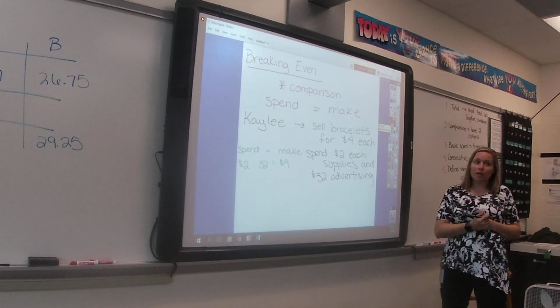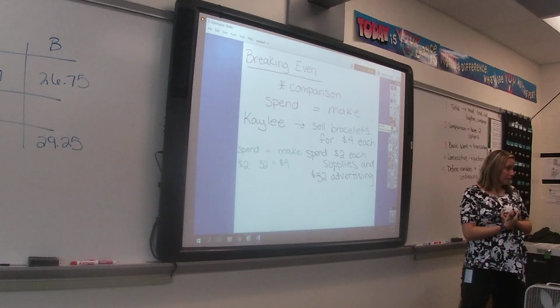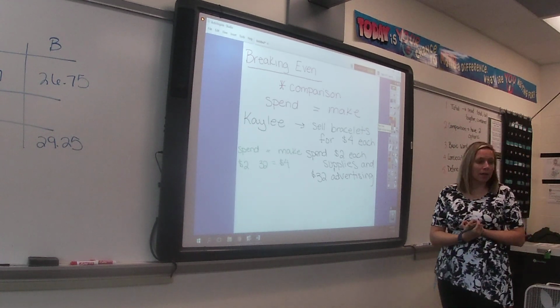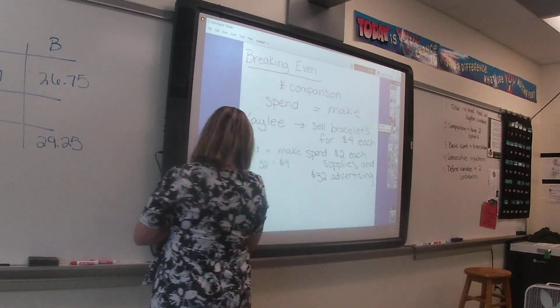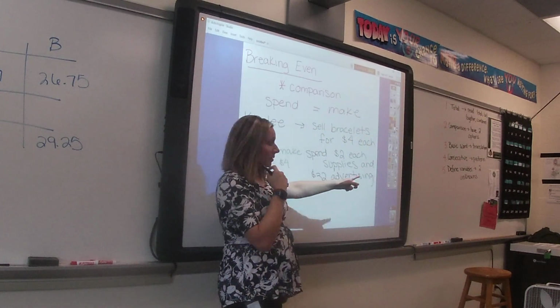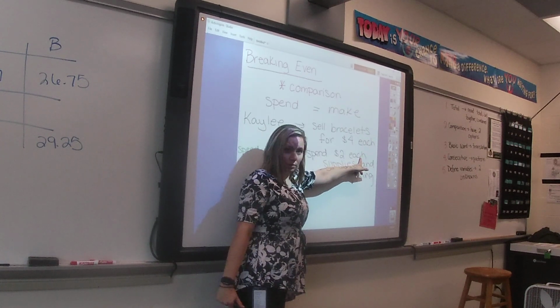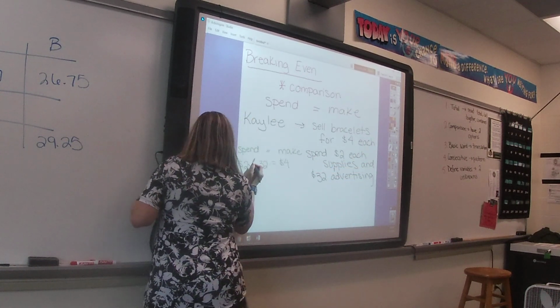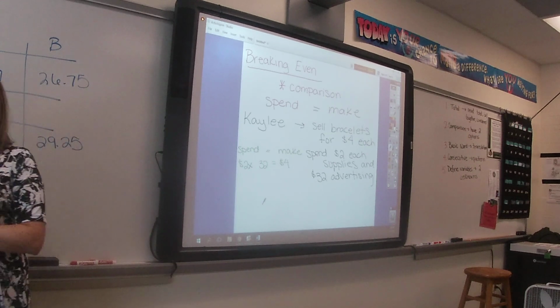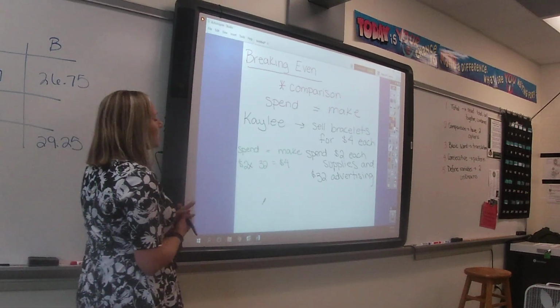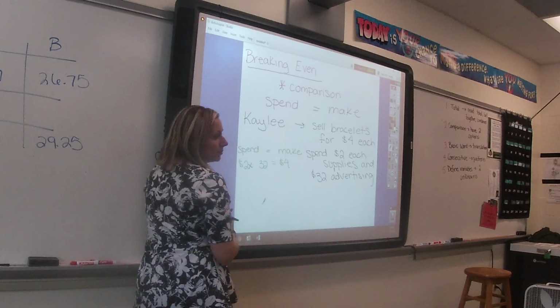Now we need to assign a variable to anything happening per item. Is the $2 happening per bracelet? Yes, $2 each. Is the $32 happening per bracelet? No. Is the $4 happening per bracelet?